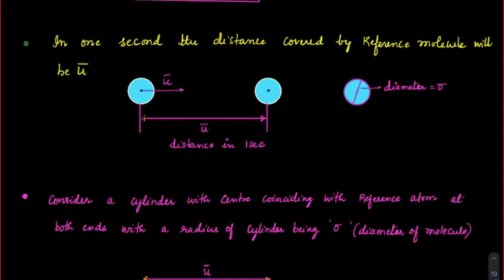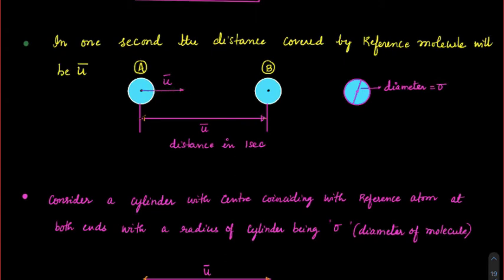Because time t is equal to 1. Let's say this is the distance traveled. From this position, let me fix this position as A, it has reached a position B, by covering a distance of u bar, moving with the speed of u bar.